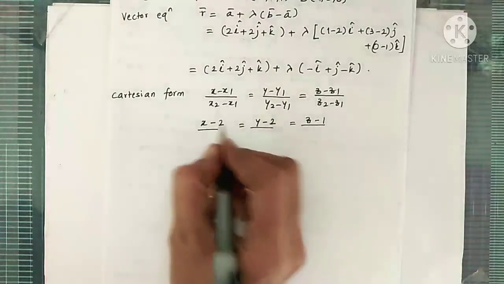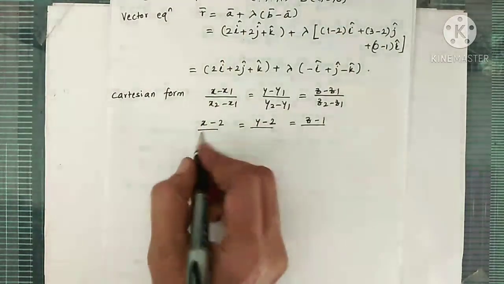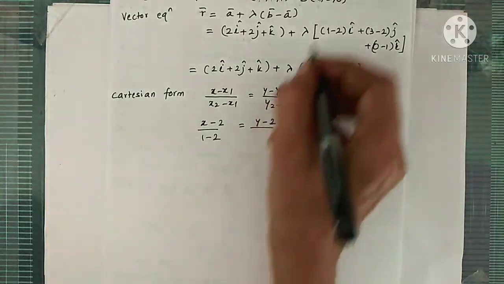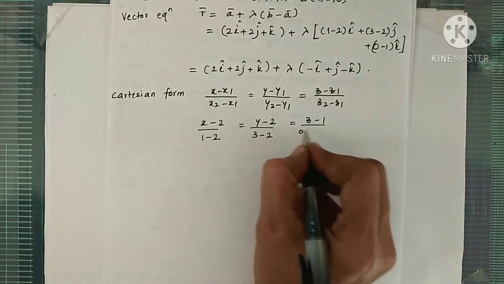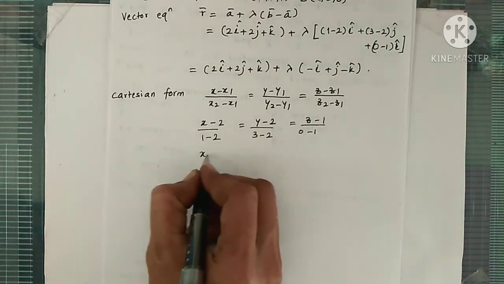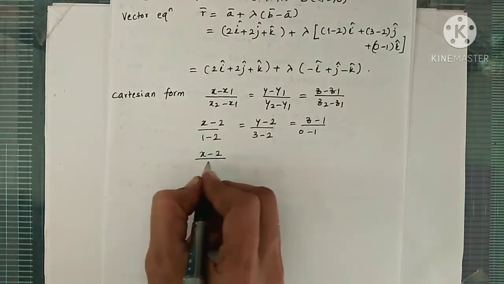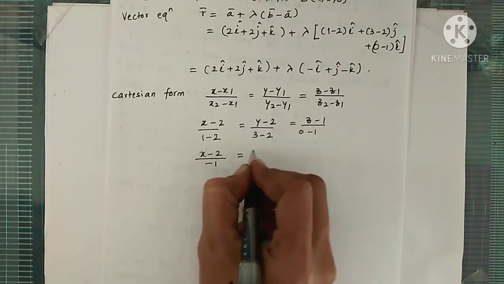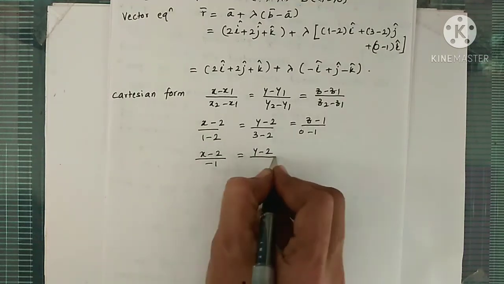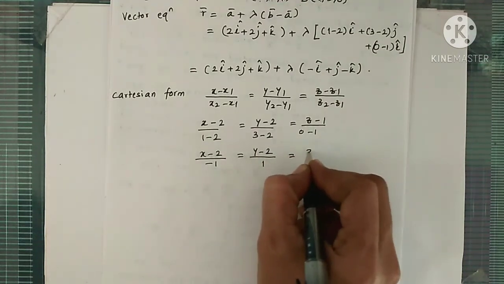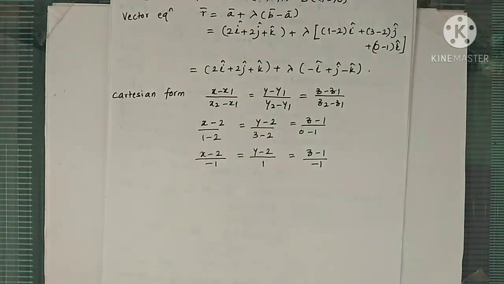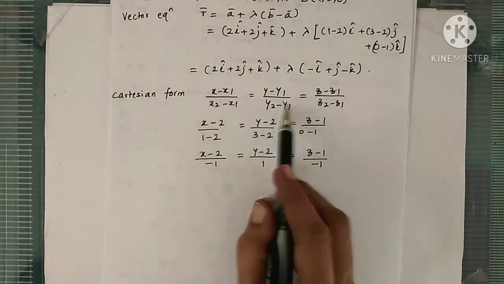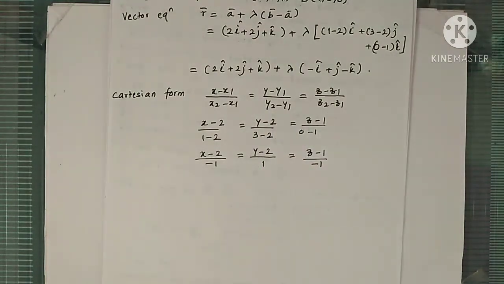And the denominator is x2 minus x1, that is 1 minus 2. Here we have 3 minus 2 and 0 minus 1. So that is x minus 2 upon minus 1, y minus 2 upon 1, z minus 1 upon minus 1. So it's really very simple. We just have to remember this form and substitute the values.